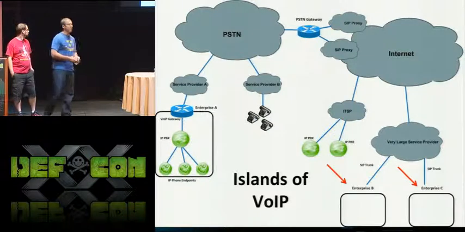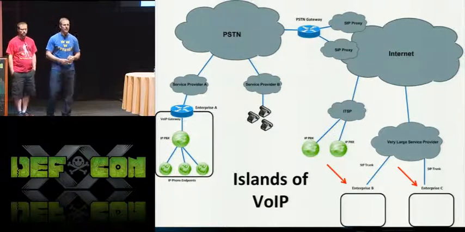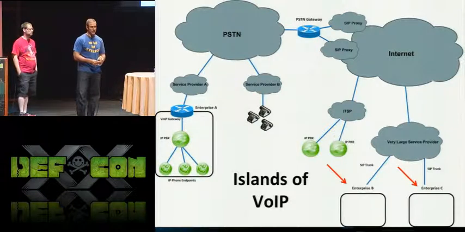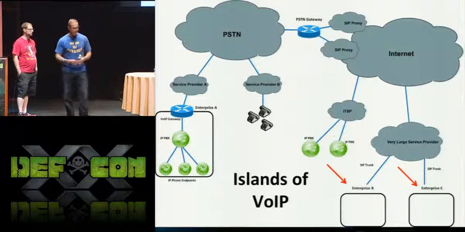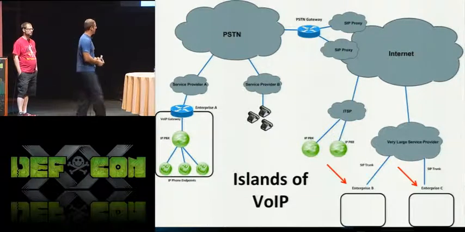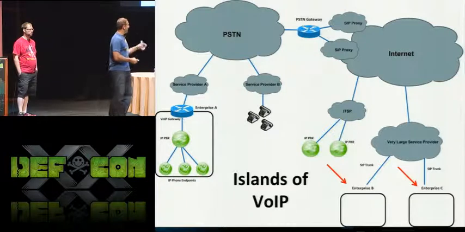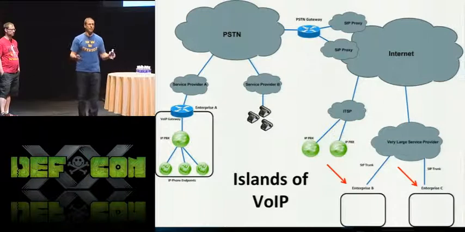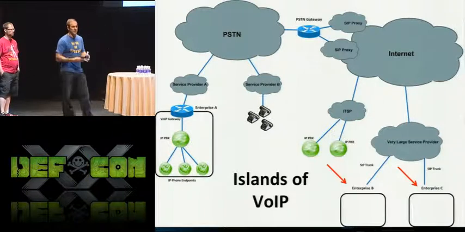And then what we're seeing more and more in the late 2000s is companies doing SIP trunking. The predominant architecture that I see a lot, and we do a lot of these VoIP pen tests, we go into the internal enterprise of the customer, is Enterprise B and Enterprise C doing a private IP MPLS network connected to a large carrier doing SIP trunking.